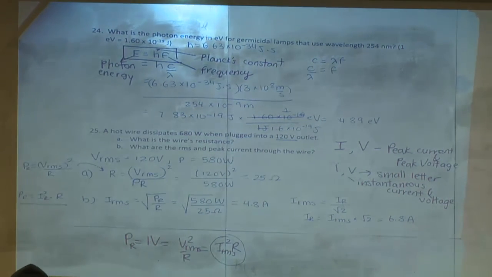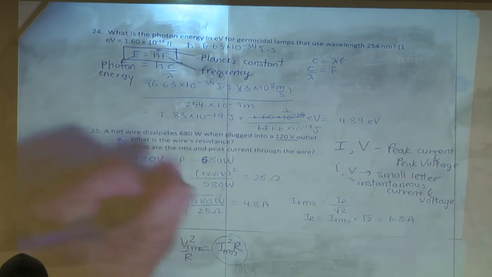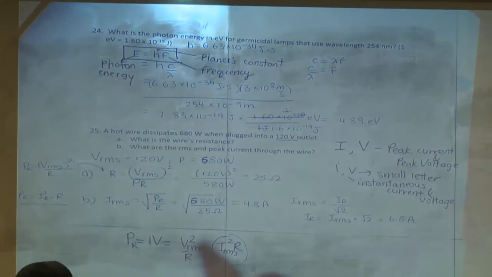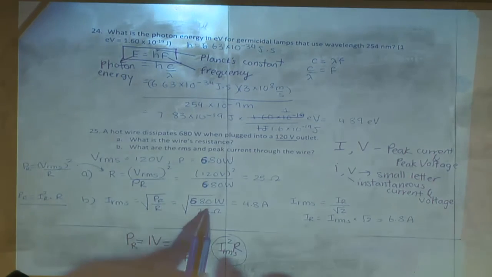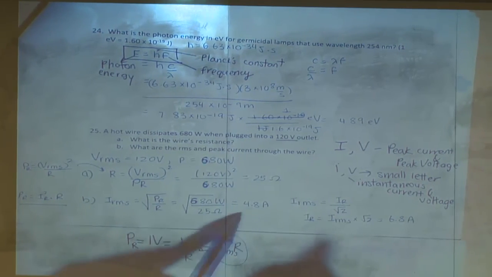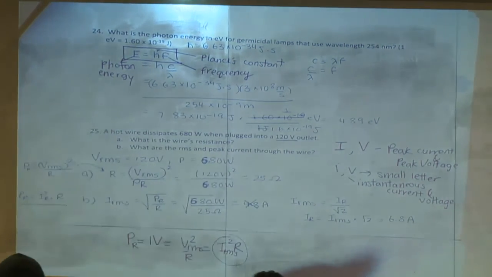Oopsie. Sorry guys, this is 680. So it would be 680 watts over 21 ohms, and then you take the square root of that.